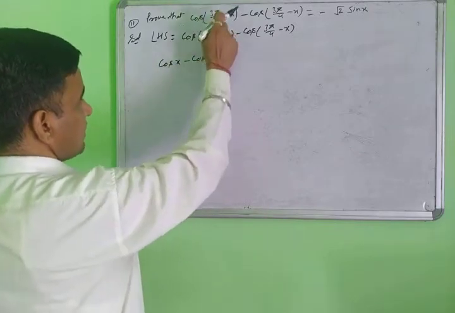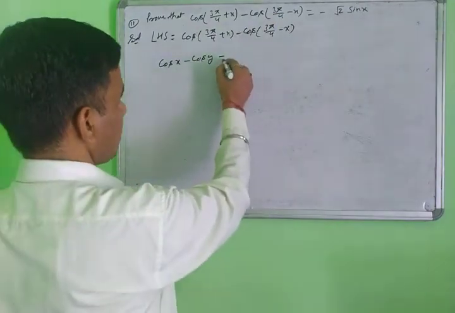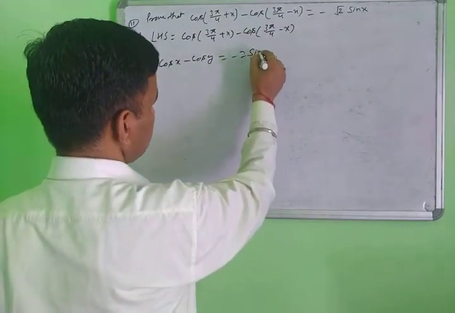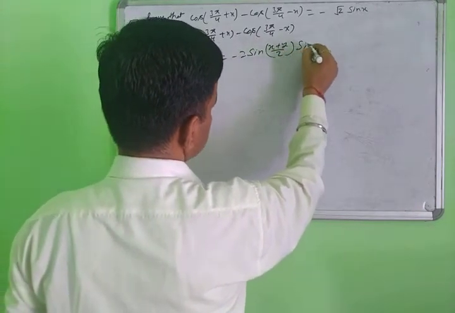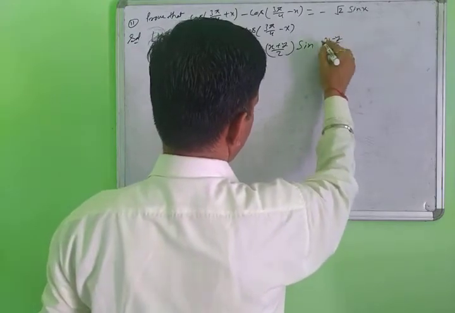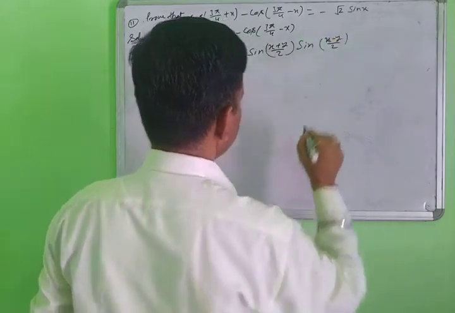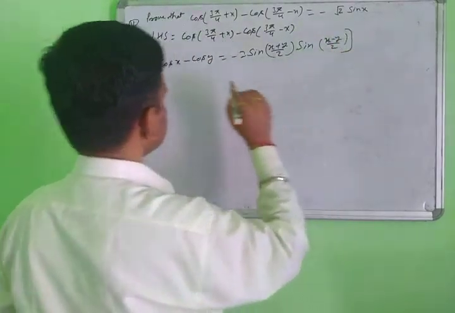The first angle is x, the second angle is y. What will it be? Minus 2 sin((x plus y) upon 2) and sin((x minus y) upon 2). Using this identity here, we get the answer.